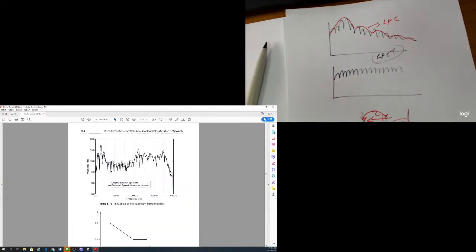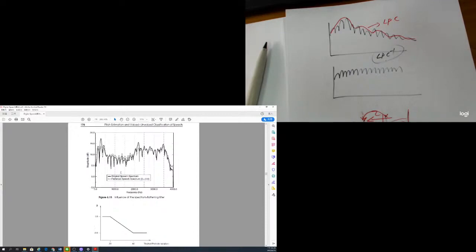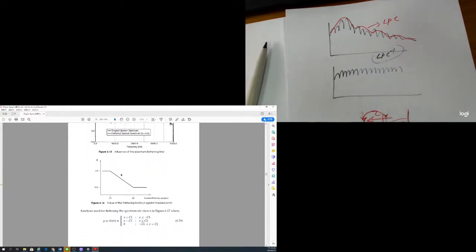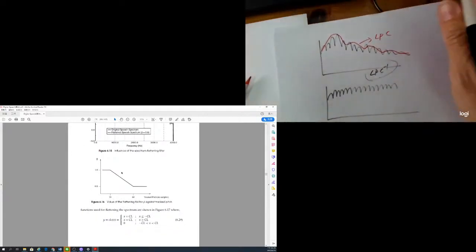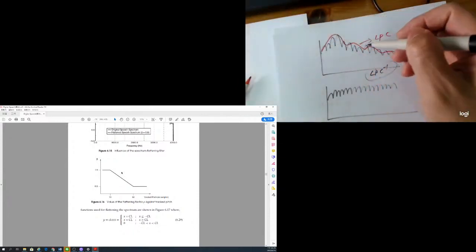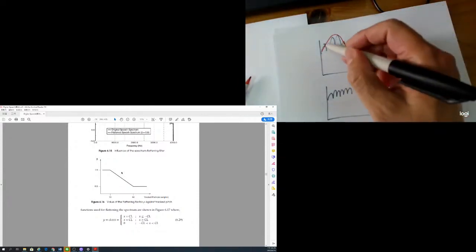The important issue here is that they try to combine time domain and frequency domain to get better performance. Another one: because the speech signal has many harmonics, we have an envelope shape.